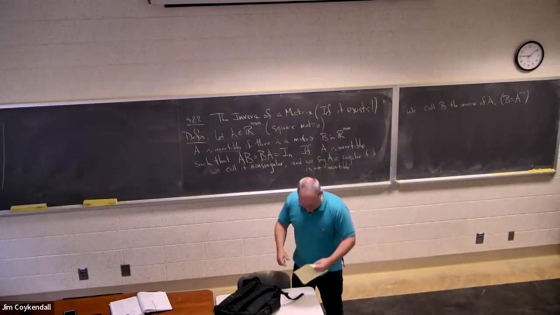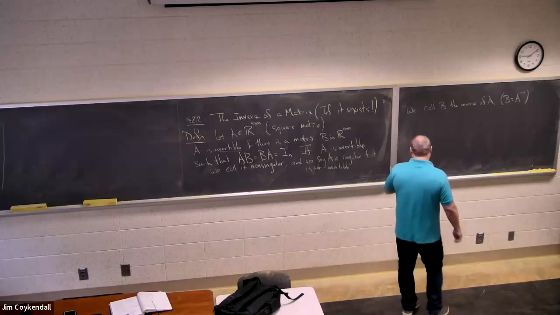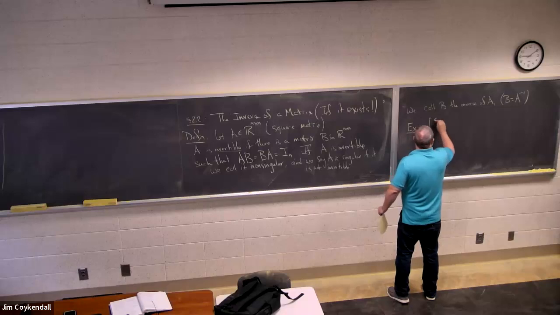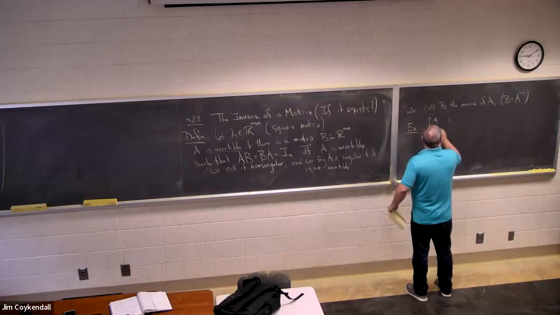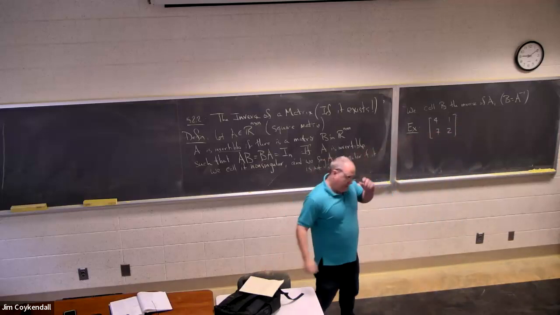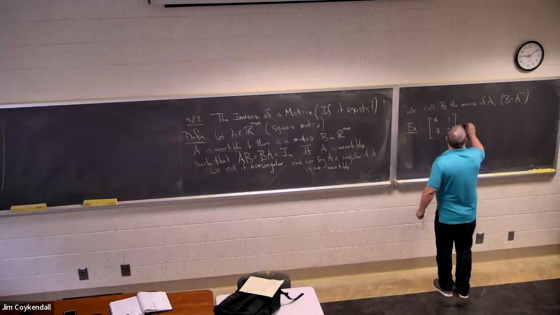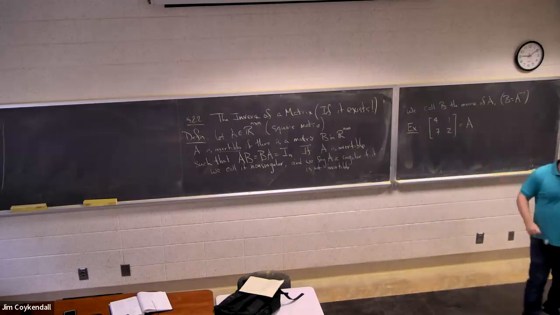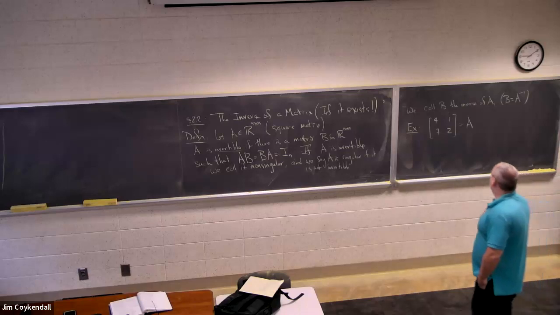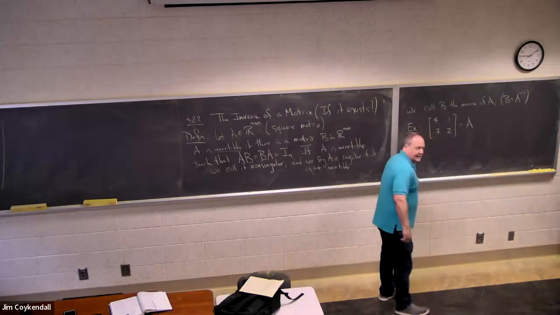So let me give you an example. Or non-example, perhaps. Is this matrix invertible? And how do you tell? For 2 by 2, I'm going to give you a quick and easy formula to tell this. This one is. Does anybody see what the inverse is?